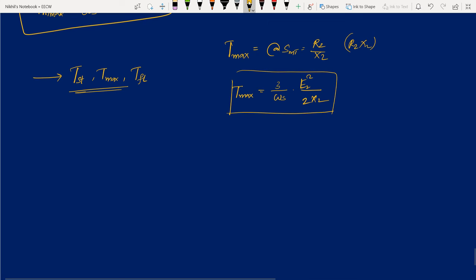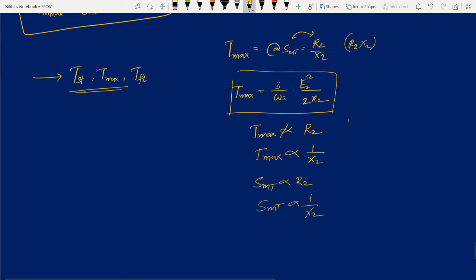As you look at this equation, the maximum torque developed in any induction motor does not depend upon the rotor resistance, because there is no rotor resistance term. The maximum torque developed is proportional to 1/X2, the rotor reactance, but the slip at which maximum torque occurs is directly proportional to R2, isn't it? Look at this equation. And the slip at which maximum torque occurs is inversely proportional to reactance.